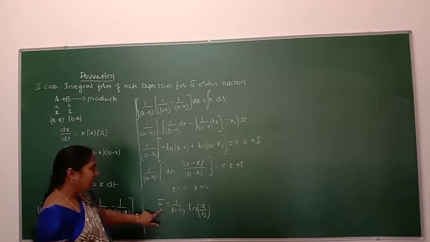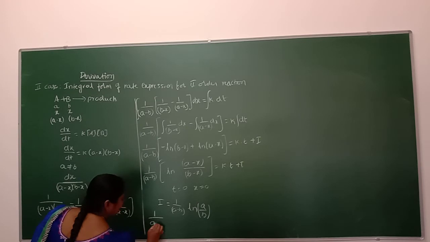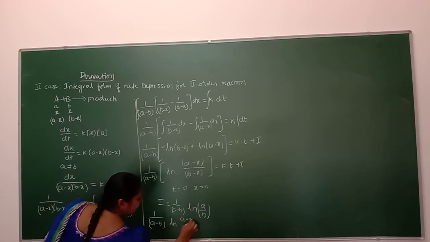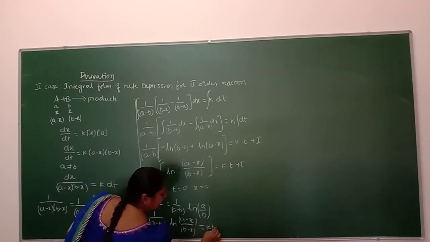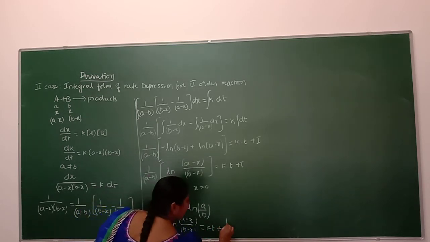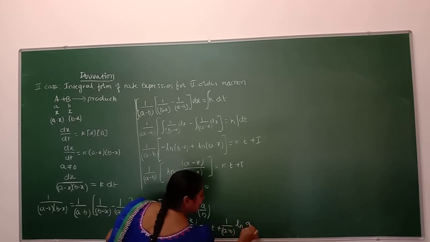We substitute the value of I in the above equation, so that 1 divided by (a minus b) into ln (a minus x) divided by (b minus x) is equal to kt plus the value of I, 1 divided by (a minus b) into ln a by b.